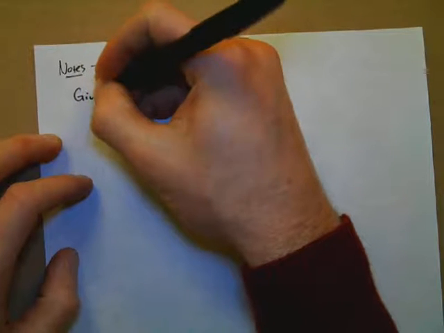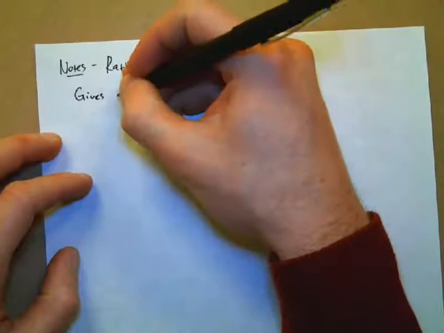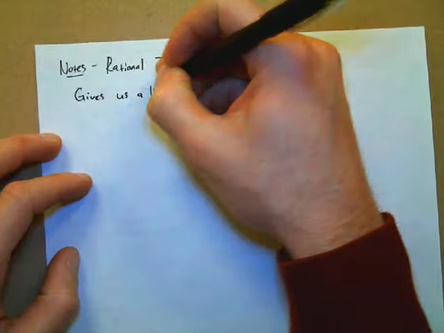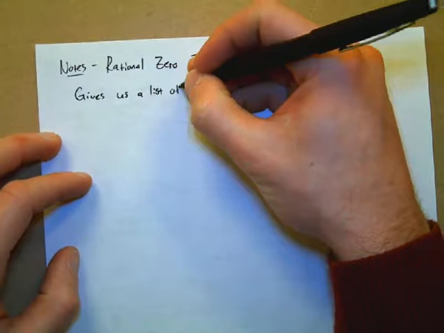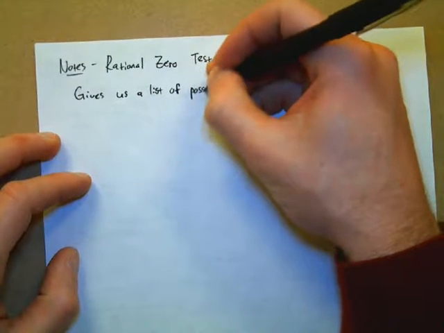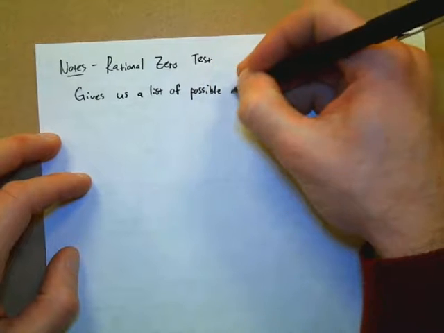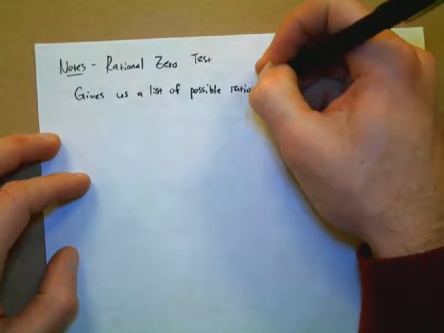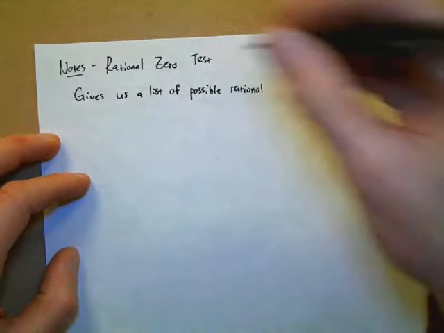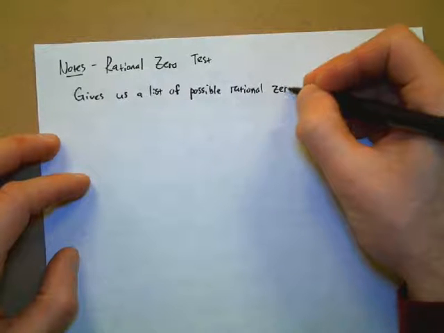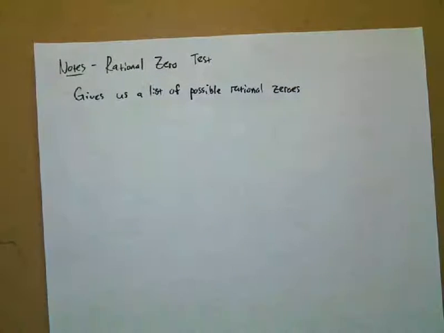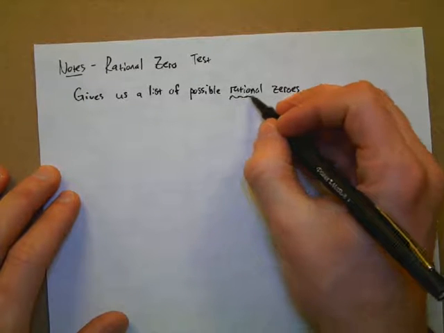So again, the rational zero test gives us a list of possible rational zeros for a given polynomial.